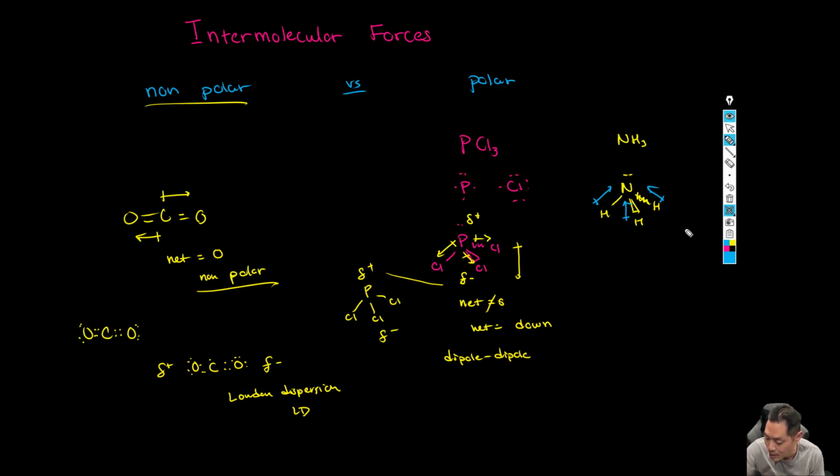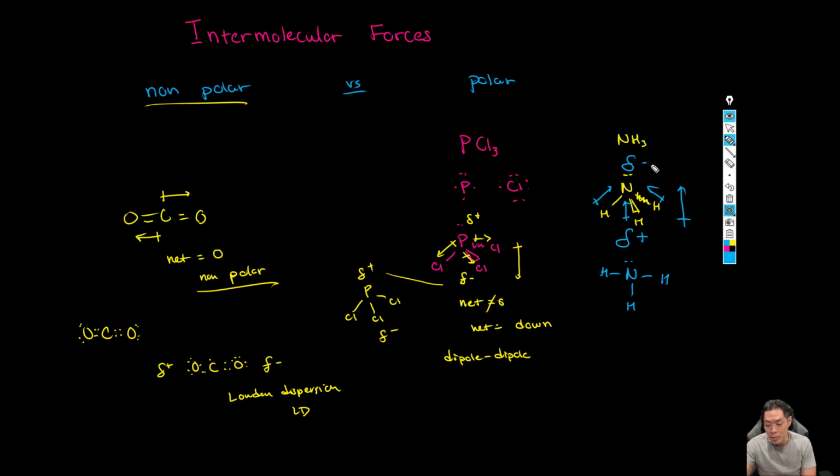So my net is going to be up. Now the difference here is this is going to be a very special case. And the reason why it's a very special case is because of hydrogen. If we look at the Lewis structure, hydrogen has no electrons. So when these shared electrons are getting pulled closer to the nitrogen, this becomes very positive and this becomes very negative.